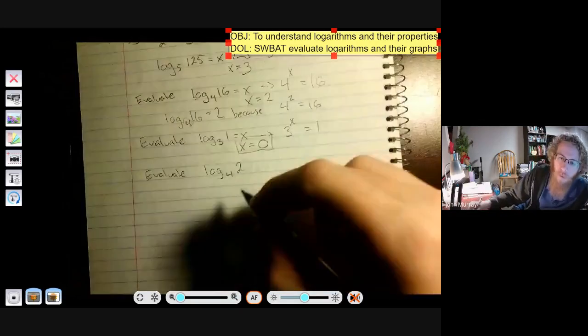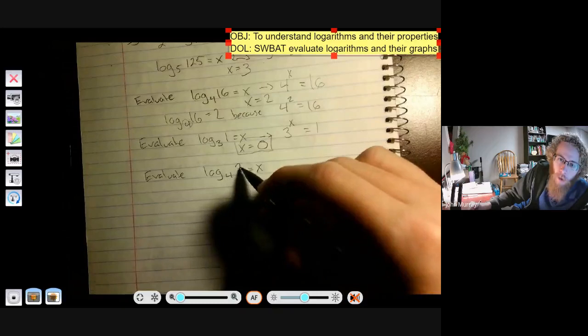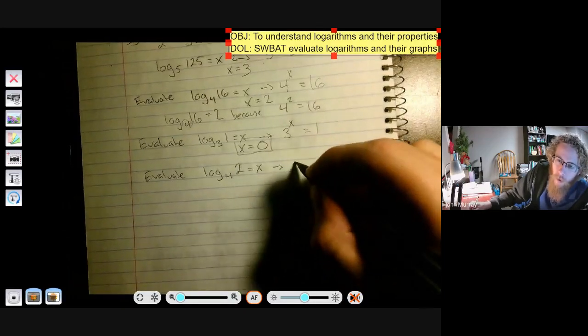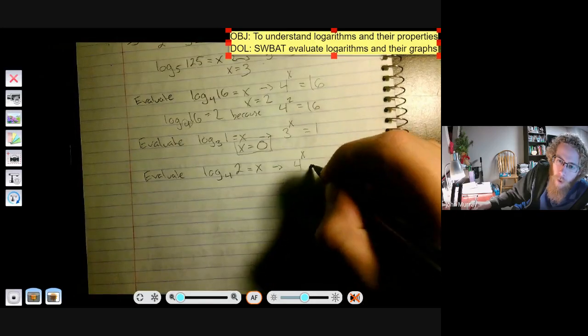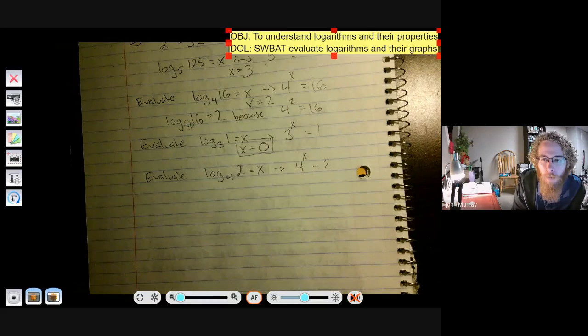All right, so log base 4 of 2. Here we have a smaller number than our base. So this is saying 4 to what power gives us 2. Now remember, there's a few things going on with our exponents.